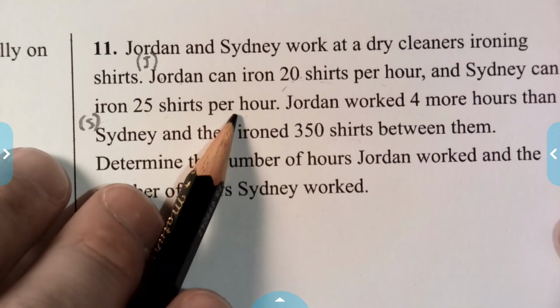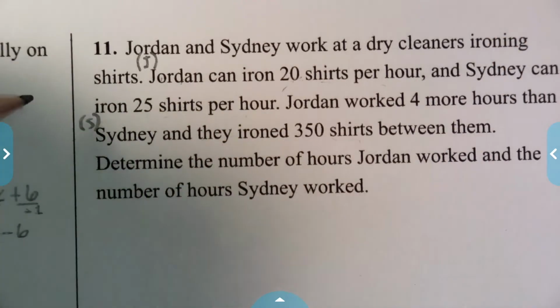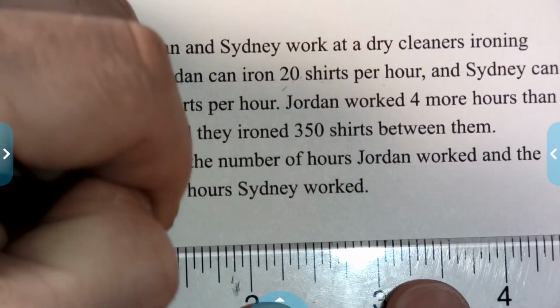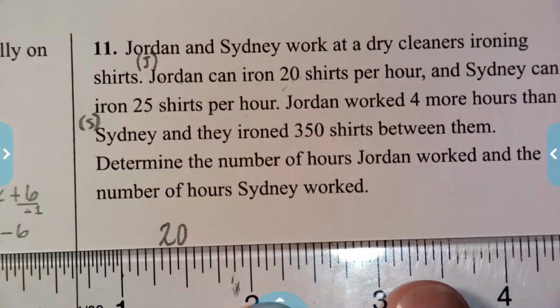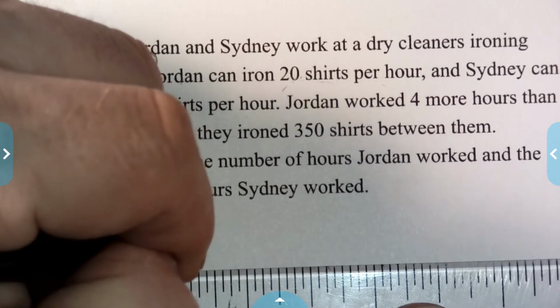Sydney 25 shirts per hour. So one thing we can write down is 20 shirts per hour for Jordan. I guess I'll use lowercase j.